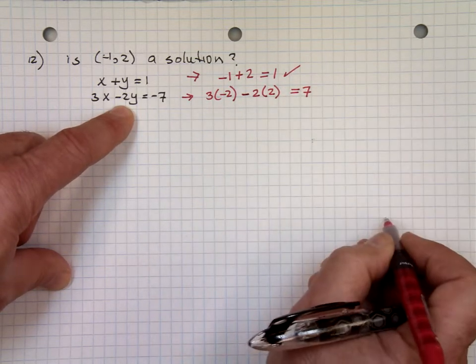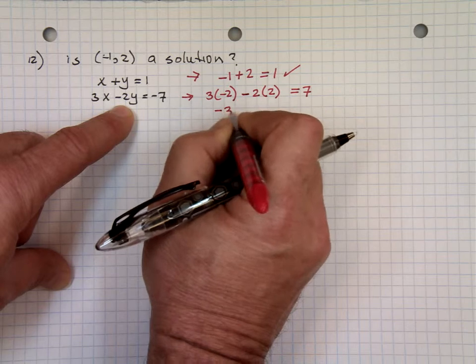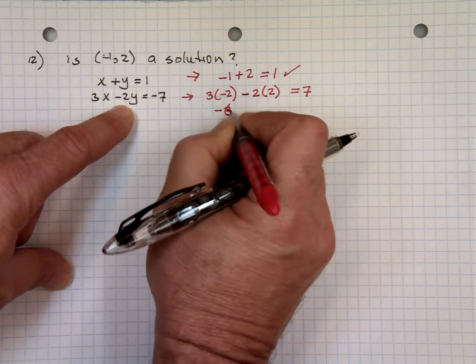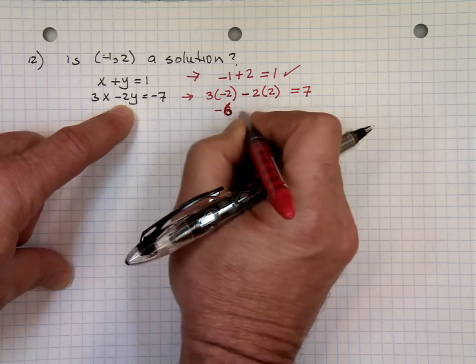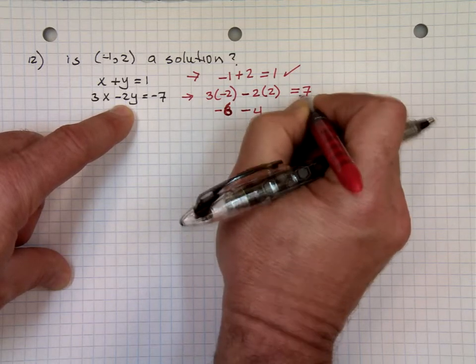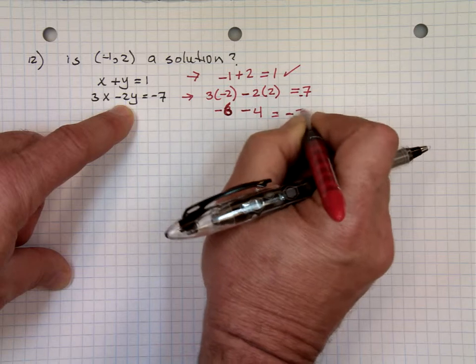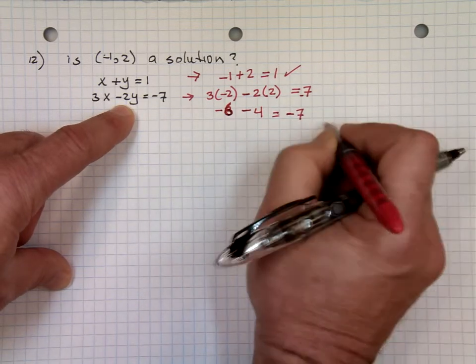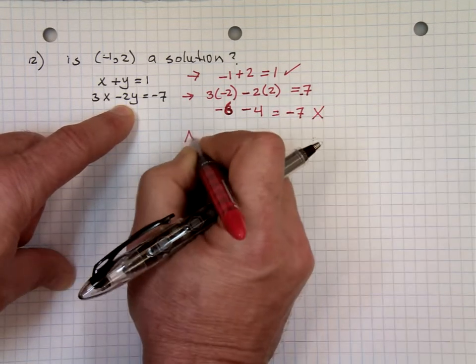That's -3, I mean -6, sorry. -6, that's negative what? 4. Does that equal -7? No. So is that point a solution? No.